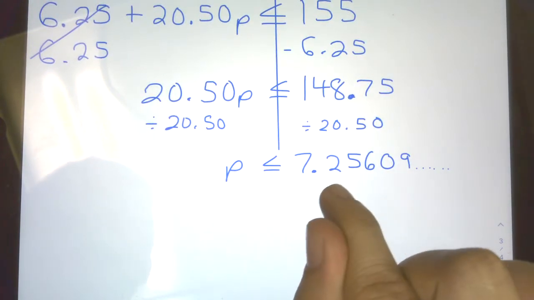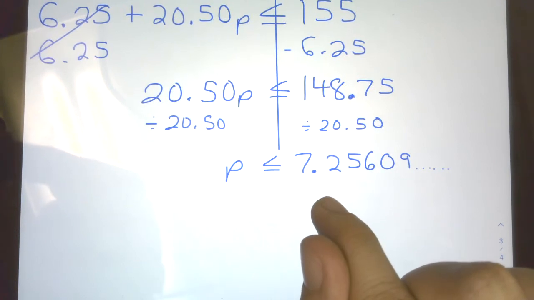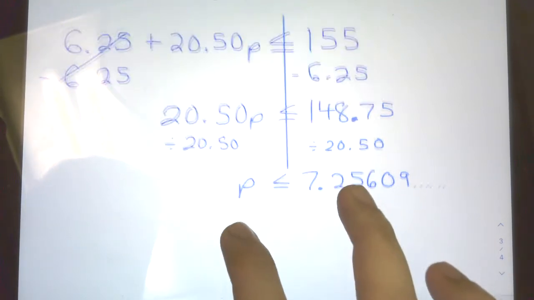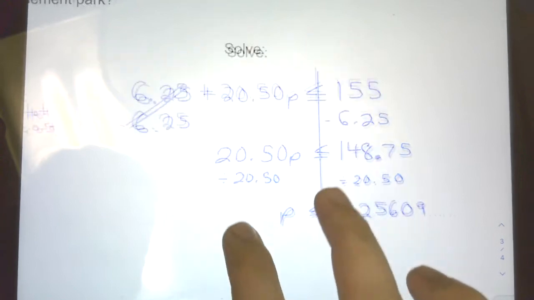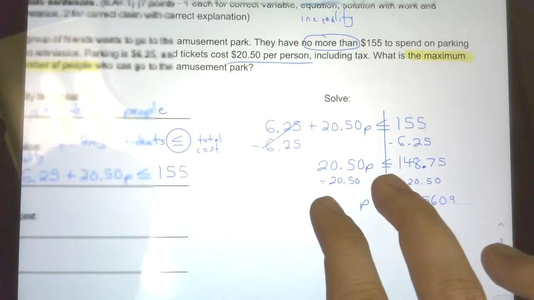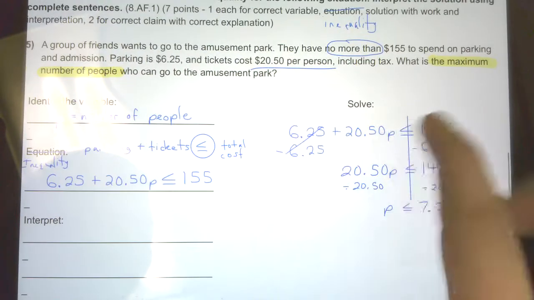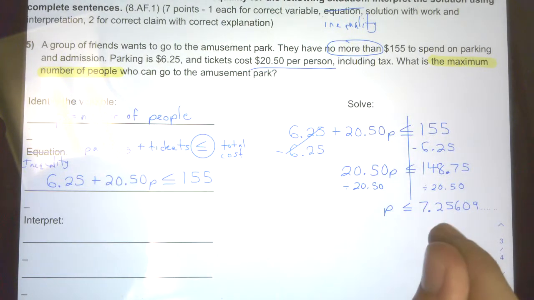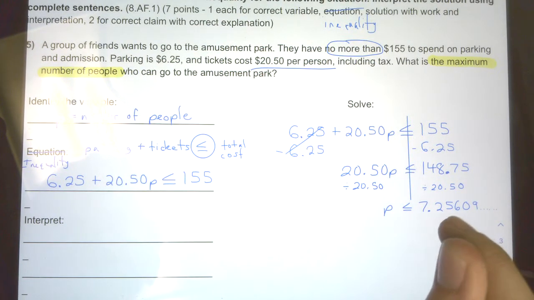You have to think realistically about what we're talking about. So it's a nasty decimal, but what is the question asking? What's the maximum number of people? Well, the fact that we have a decimal number in terms of people is not great.